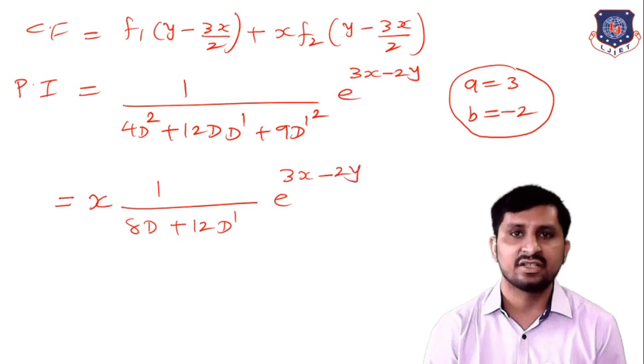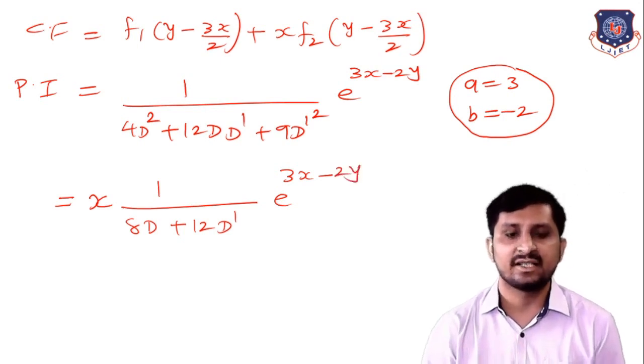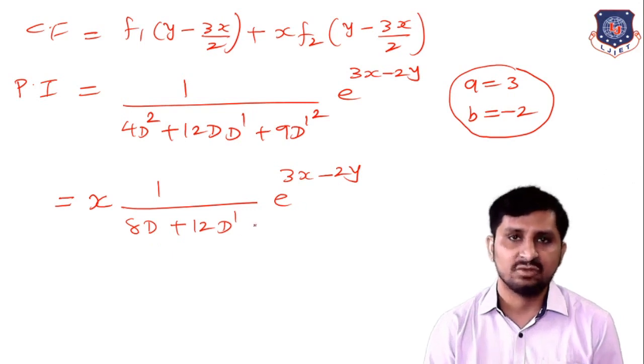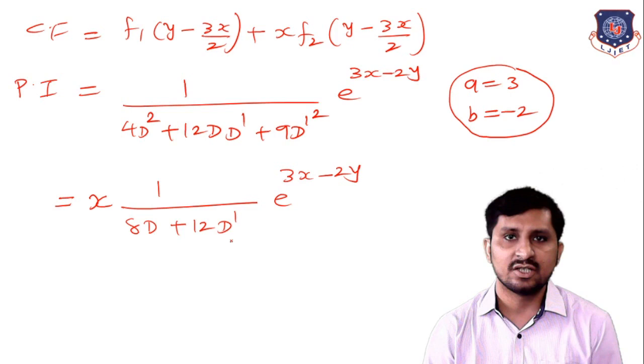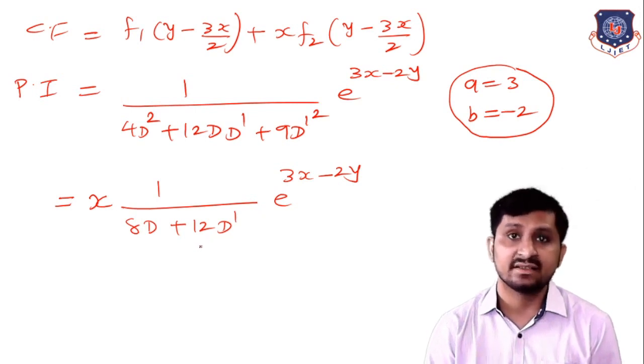Now again apply the same rule: instead of d take a equal to 3, and instead of d dash take b equal to minus 2, and again you will get 0. 8 into 3, 24, and 12 into minus 2, minus 24. So again you will get 0.